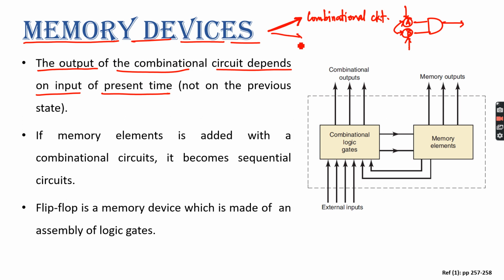But there is another type of circuit which is called the sequential circuit. Here you can see that if you add a memory device to the combinational circuit, then the combination of these two circuits becomes a new circuit called the sequential circuit.